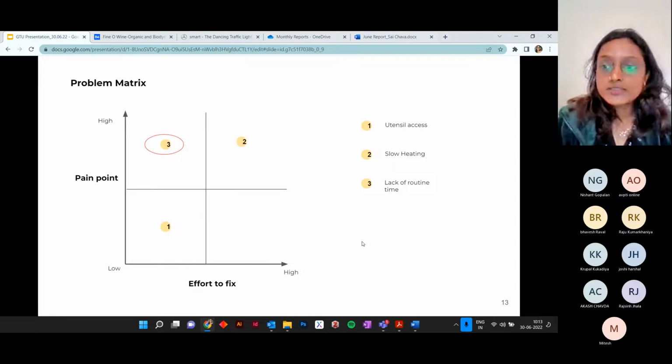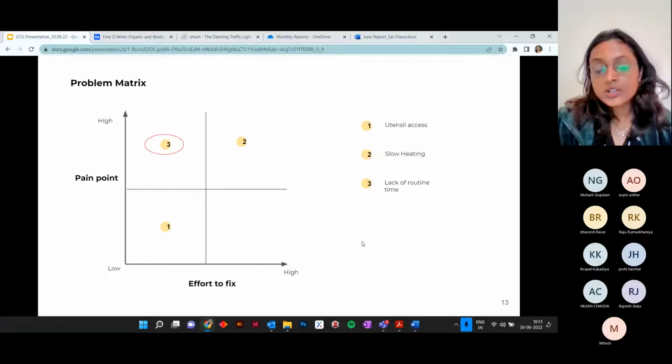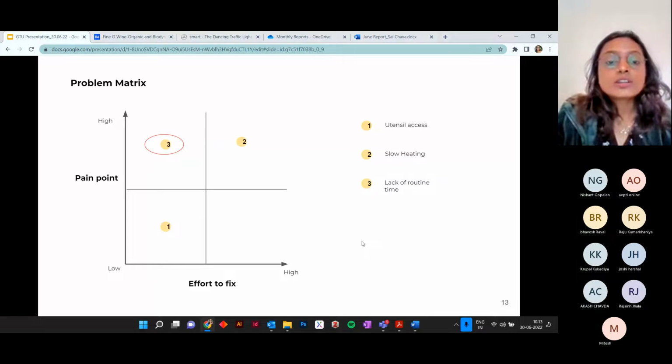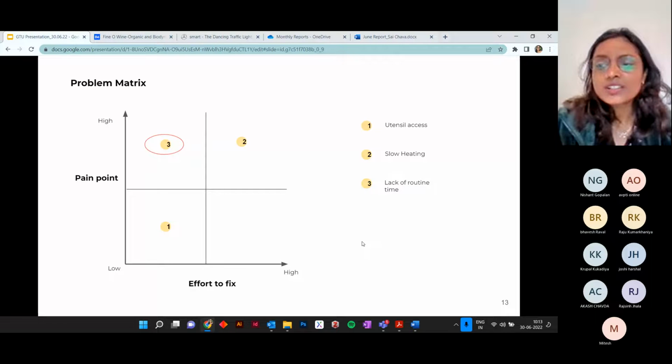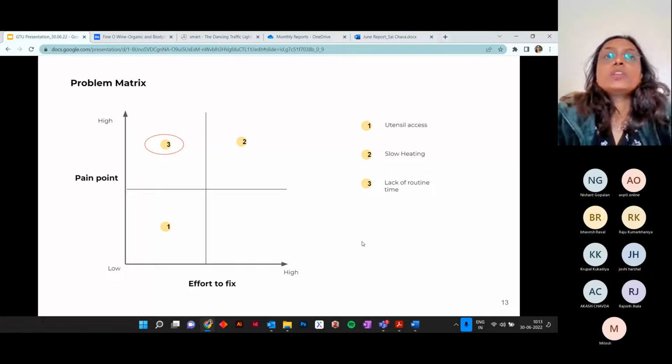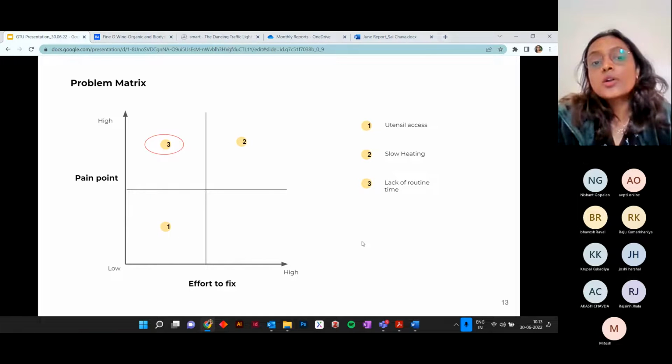You will have good tea every single day. That's one of the solutions. Another solution is let's make some hooks for you to hang your tea vessels so that you don't have to find them. Or let's say there is something we can do about the heating, or we'll get a new stove, no problem. That's one of the solutions. So you may now have a bunch of solutions for the problems. And how do you pick?